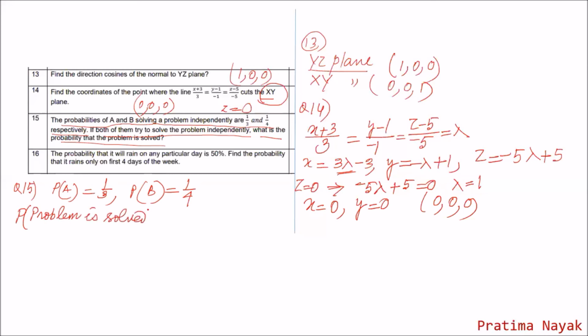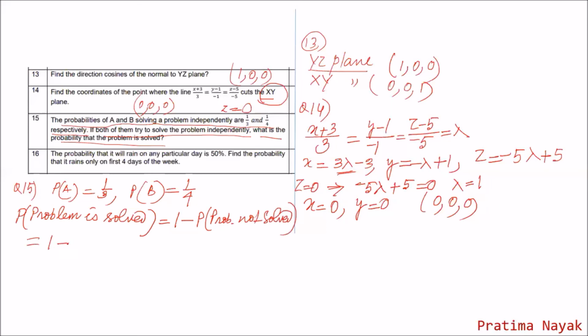When the problem is solved, this is the complement of the problem not being solved. So 1 minus the probability the problem is not solved. And when will it not be solved? When both of them cannot solve.